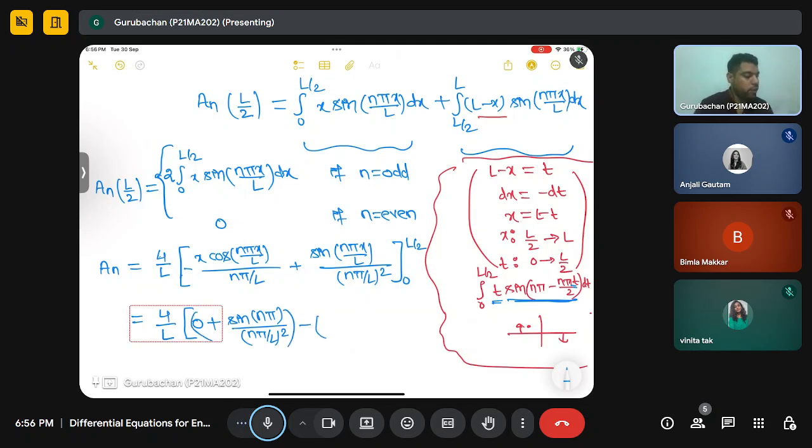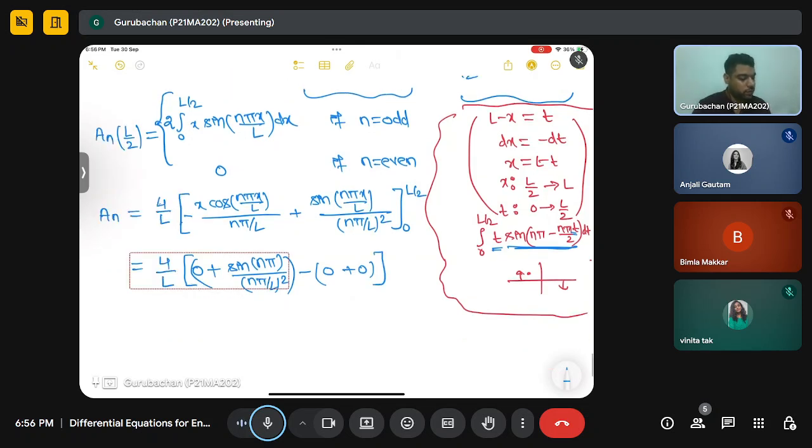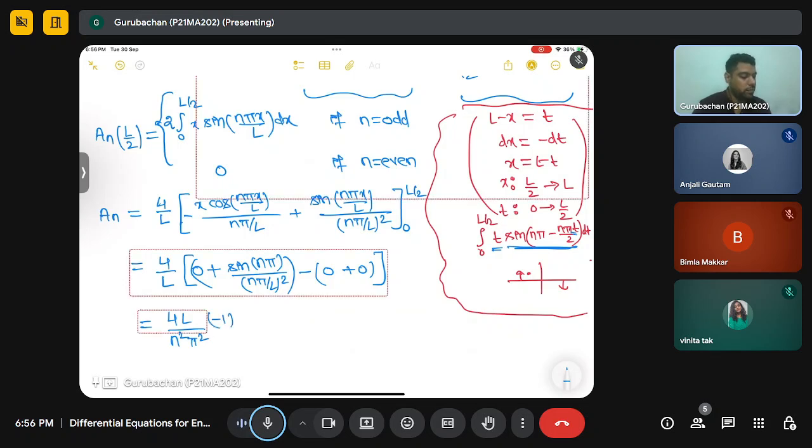When you put 0, it will be 0. This will also be 0. So this will give you 4L divided by n square pi square sin n pi by 2.